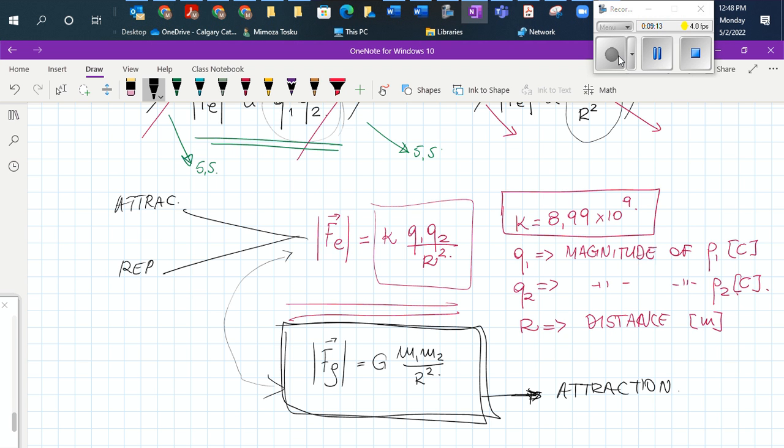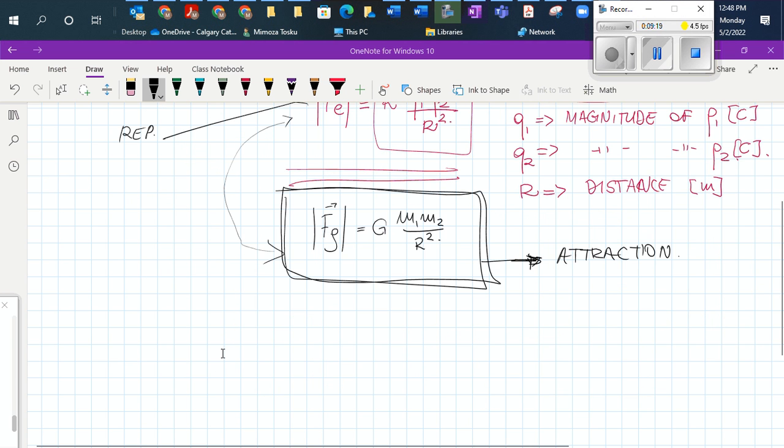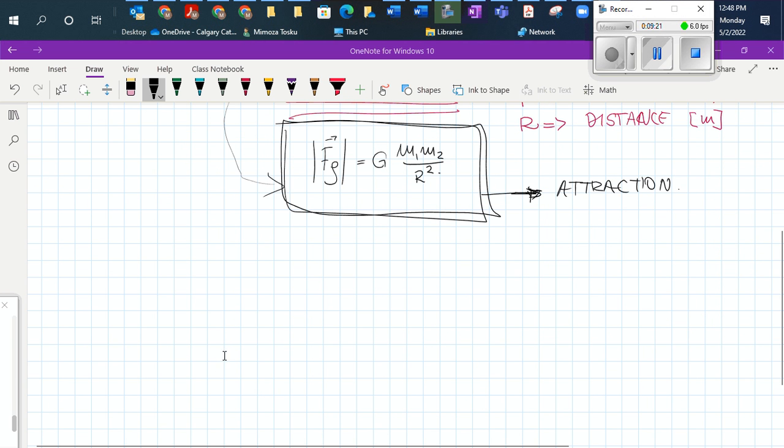And this is dependent on the nature of the charges Q1 and Q2. So now let's see some examples in which we are calculating the electrostatic force that exists between two charges, and then we will see some questions on the direct proportion stuff.